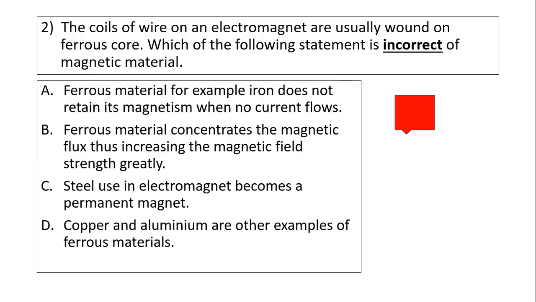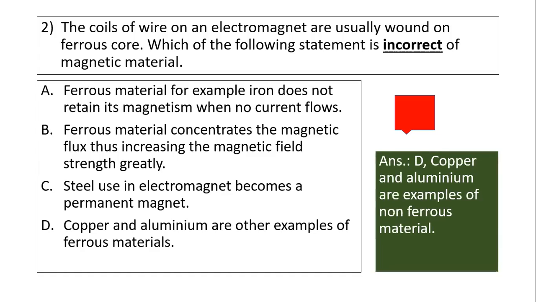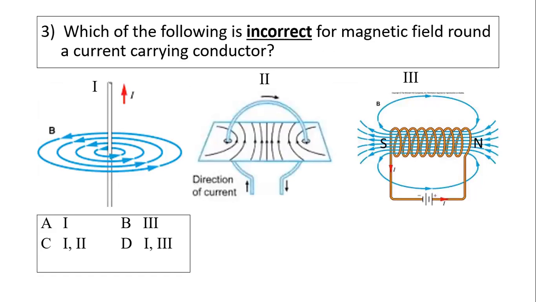Ferrous material concentrates the magnetic flux, thus increasing the magnetic field strength greatly. True. Steel used in an electromagnet becomes a permanent magnet. True. Copper and aluminum are other examples of ferrous material. No, right? It doesn't get magnetized. Copper and aluminum don't get magnetized, so they are non-ferrous material. Right, this one, good.